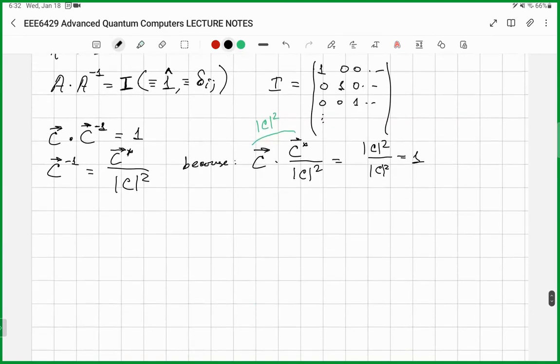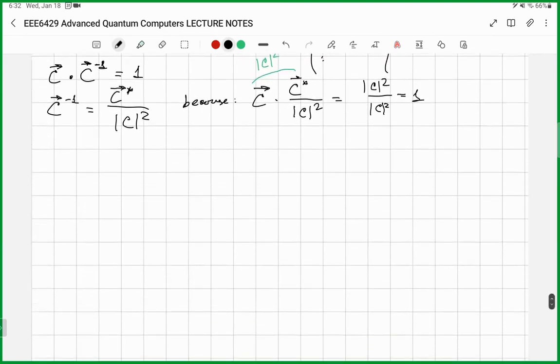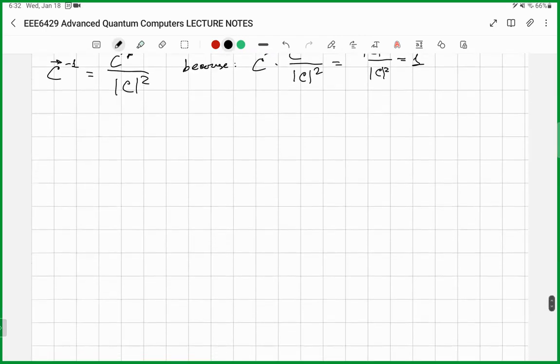But what about a matrix? For a matrix, the formula is a little bit trickier, and let's write it down here. So suppose you have some matrix A with components A11, A12, A13, etc., then A21, A22, A23, etc. So this is the matrix you have.